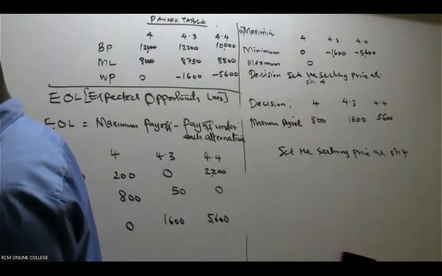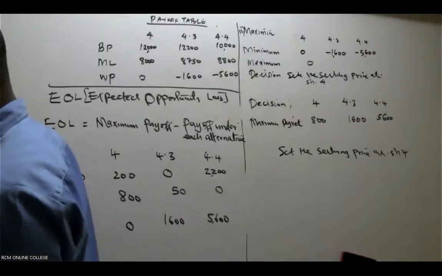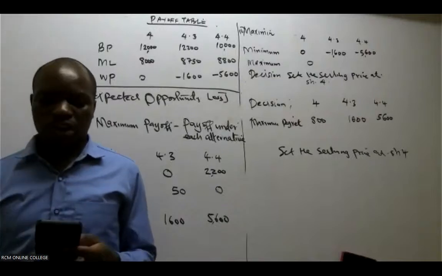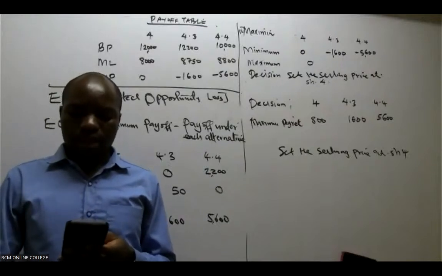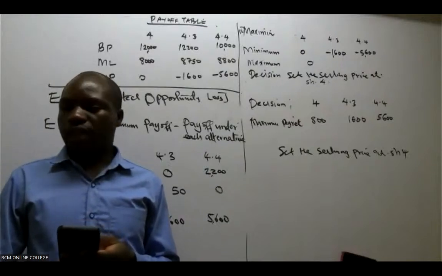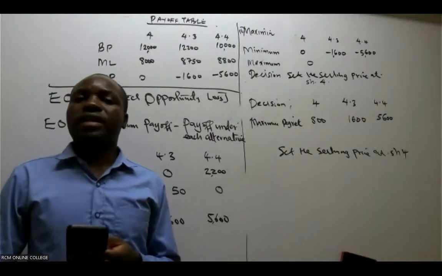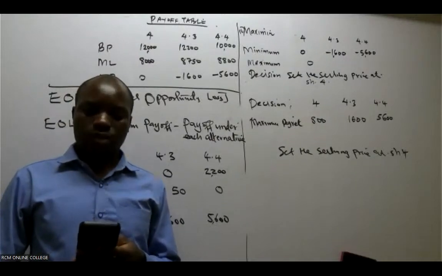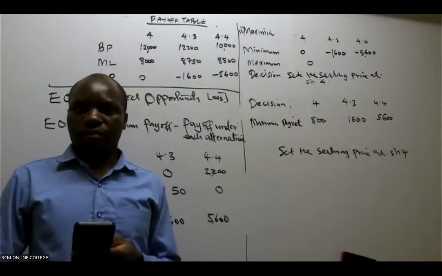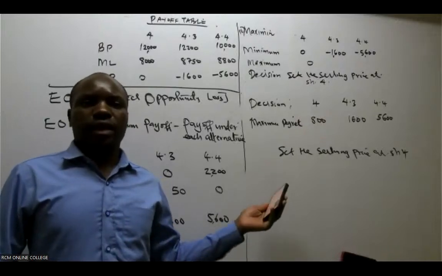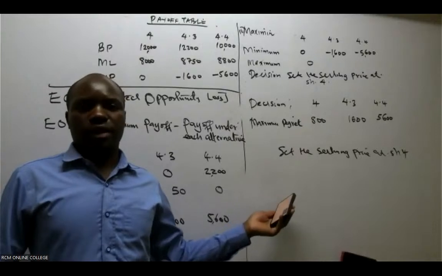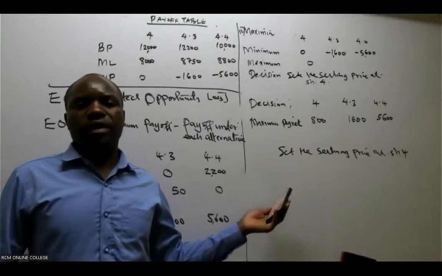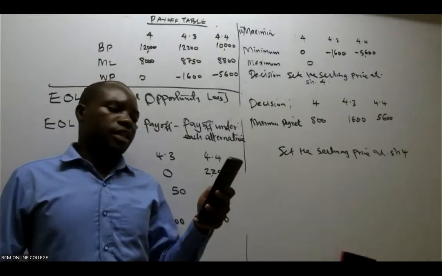So the expected opportunity loss, we've been able to calculate. And also we have the expected monetary value, whereby, if the examiner has given you the probabilities, you basically use the probabilities given to calculate the criterion, that is Laplace, or the expected monetary value.